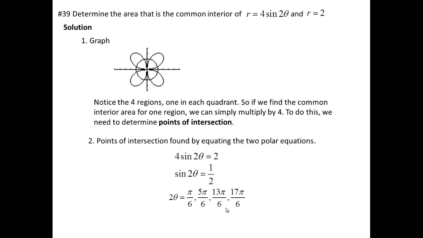Keep in mind, to get these two angles, they're just coterminal to those two, so you just add 2 pi to them. So divide everything here by 2. That'll give us the values of theta of pi over 12, 5 pi over 12, 13 pi over 12, and 17 pi over 12. These are the thetas where we will have points of intersection.